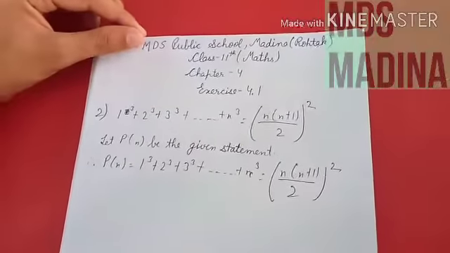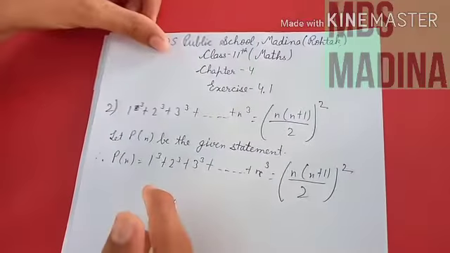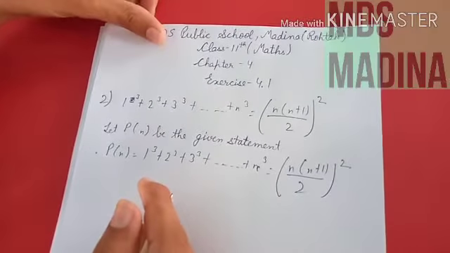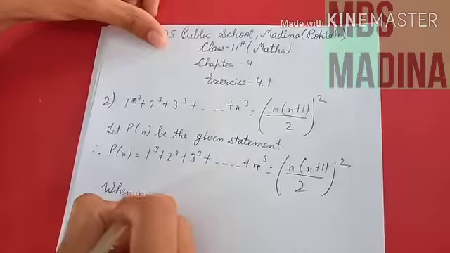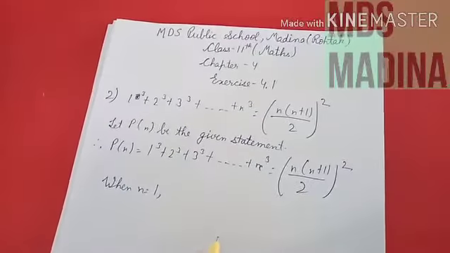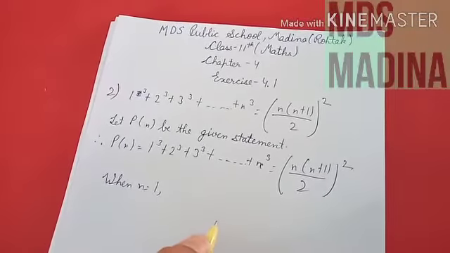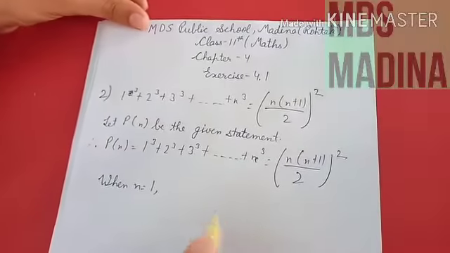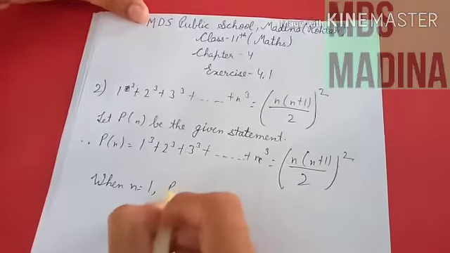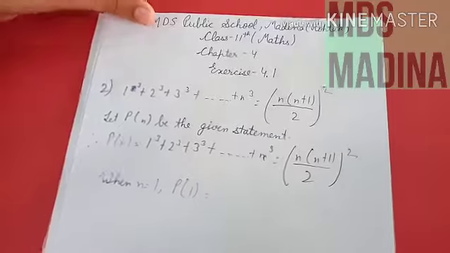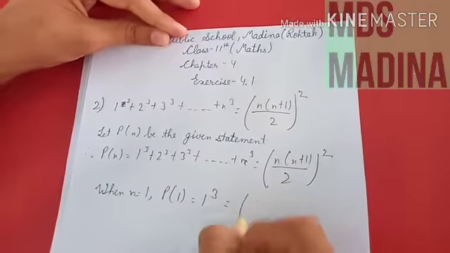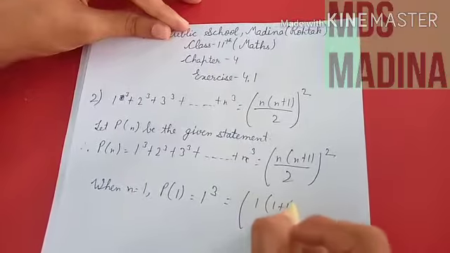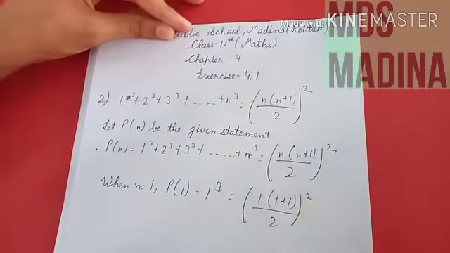So first of all, what you will do? When n equal to 1, then what will be the value of P of 1? P of 1 will be equal to cube of 1, that is equal to 1 into 1 plus 1 divided by 2 whole square.